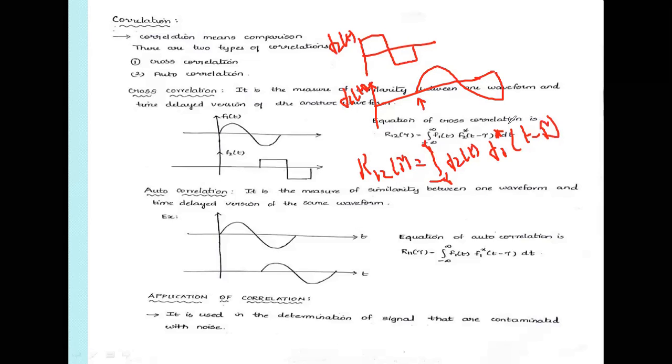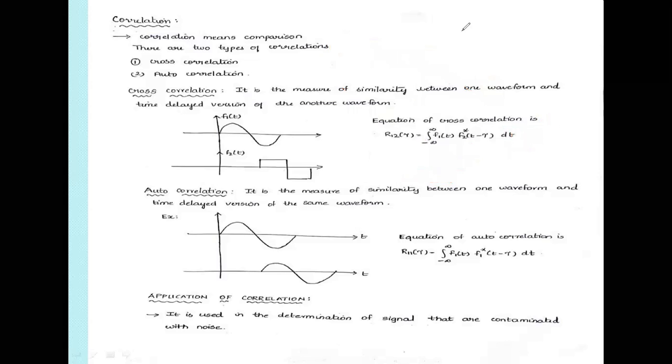Both are the same. So any one waveform and the time delayed version of another waveform, the similarities you have to measure. That is the cross correlation. Autocorrelation means one waveform and a time delayed version of the same waveform, measuring the similarity between those two, is nothing but the autocorrelation function.